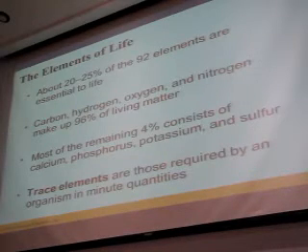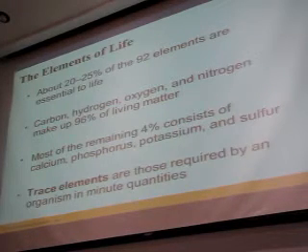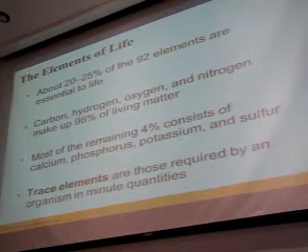So a lot of people just remember what four elements make up most of living matter. If you were to take something living and completely destroy it into its original elements, you would find 96% of them would be carbon, hydrogen, oxygen, and nitrogen atoms. The remaining 4% is mostly calcium, phosphorus, potassium, and sulfur, and then you have what are called trace elements.